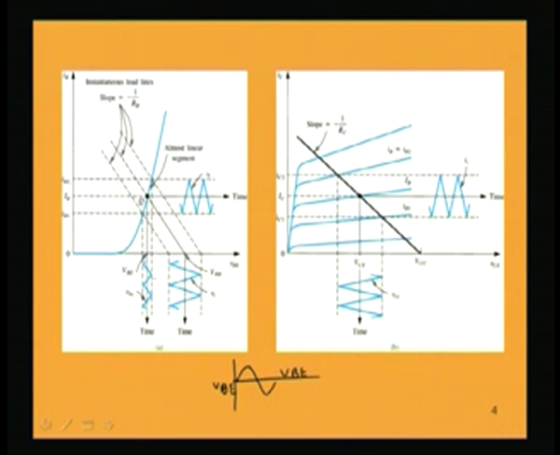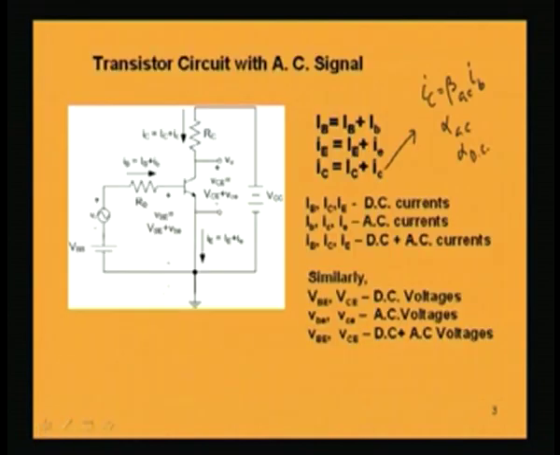So, this is the V_BE value, DC and AC, and this is the increment of this biasing voltage and the decrement of the biasing voltage in this circuit.